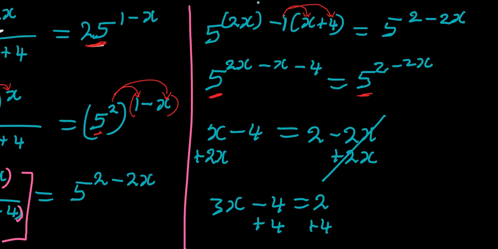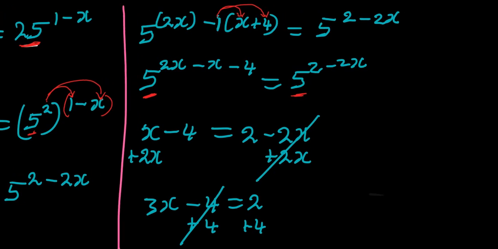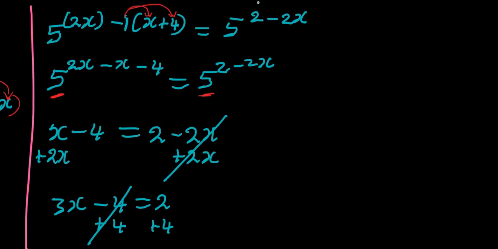So negative 4 plus 4 will cancel out, and so we're left with just 3x on the left side. So this will be 3x equal 2 plus 4, that is 6.